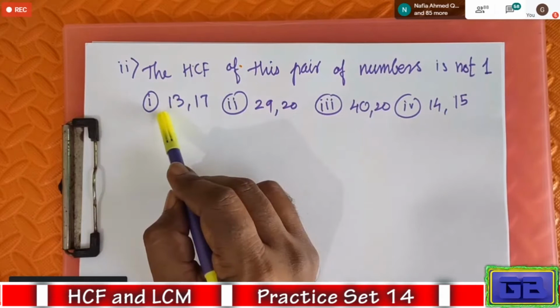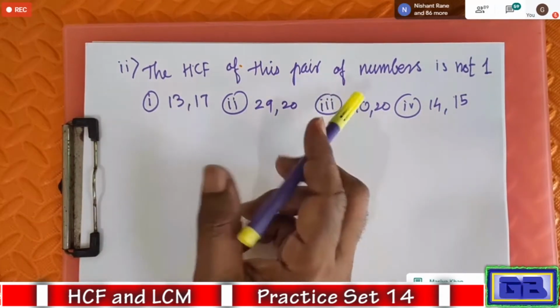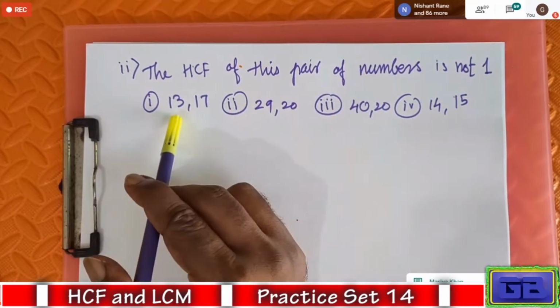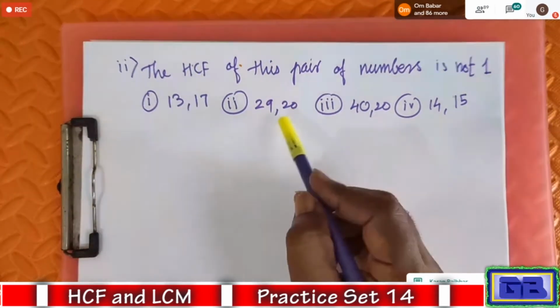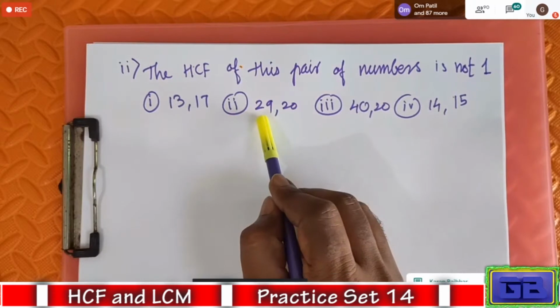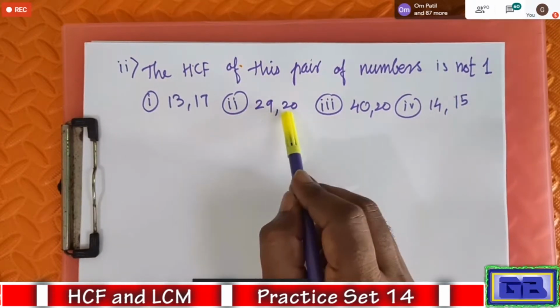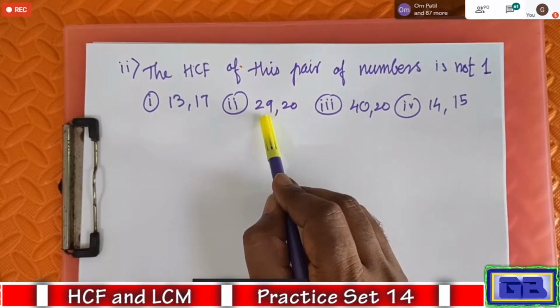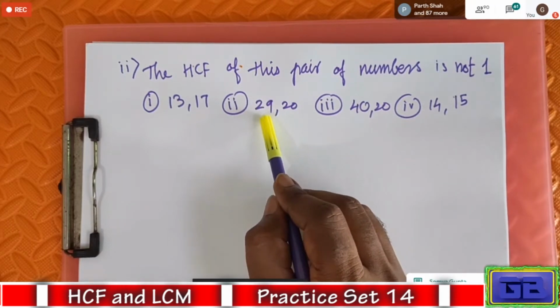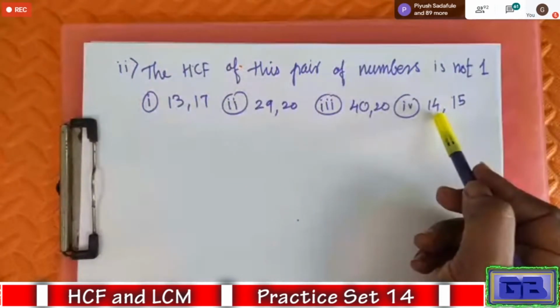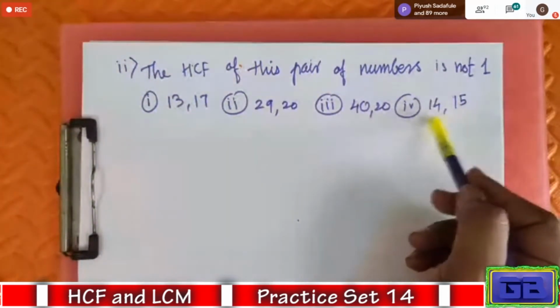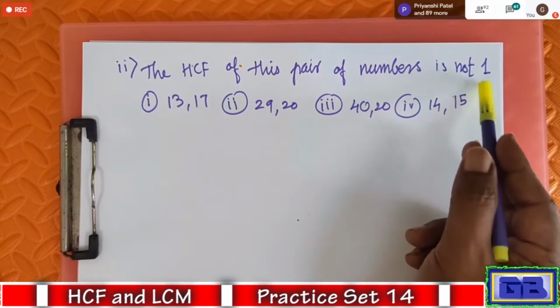If we see the first option, 13 and 17, both are prime numbers. Therefore, the common number is only 1. In these also, 29 is a prime number. Therefore, 1 is the HCF. And in these two numbers also, there are no other common numbers, only 1 is common.